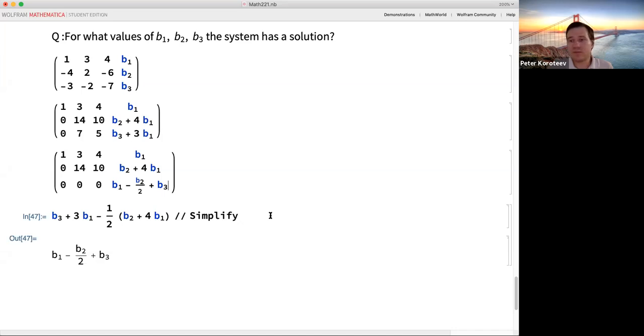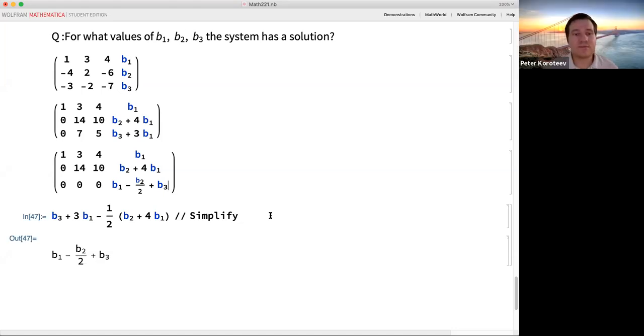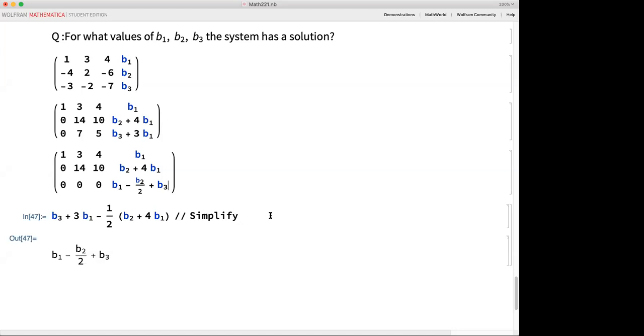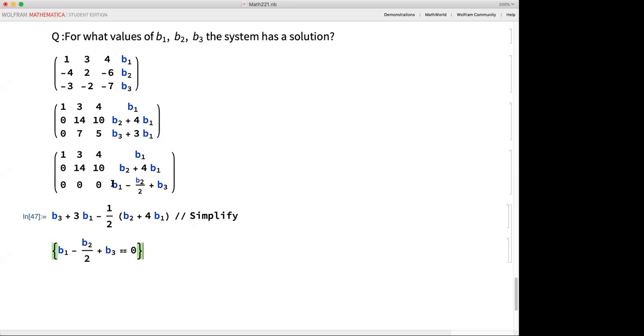So, Iris, remember we talked about it earlier. We need to find the condition under which the system of equations has a solution. So we should make this entry equal to 0, right? The reason is that otherwise there is no solution.